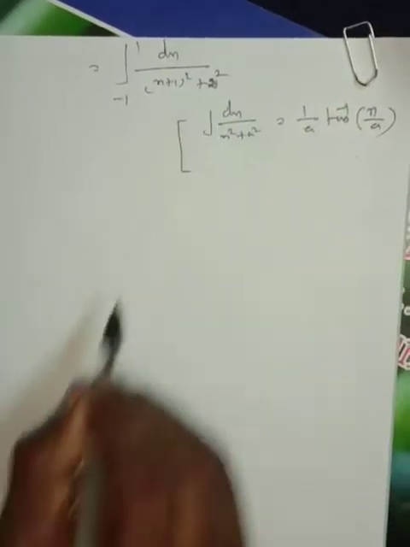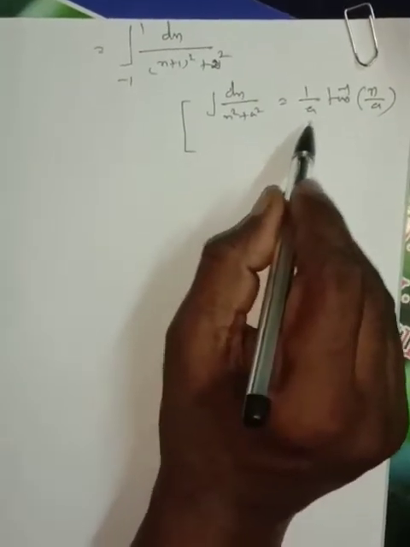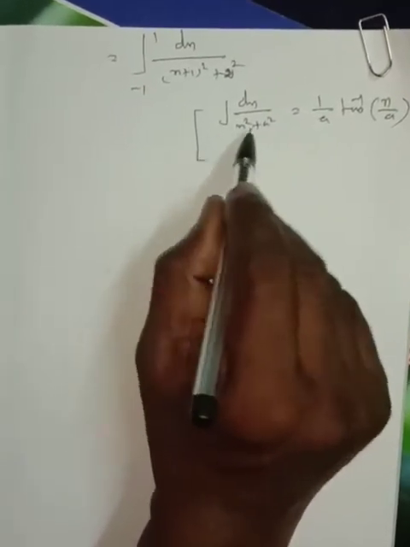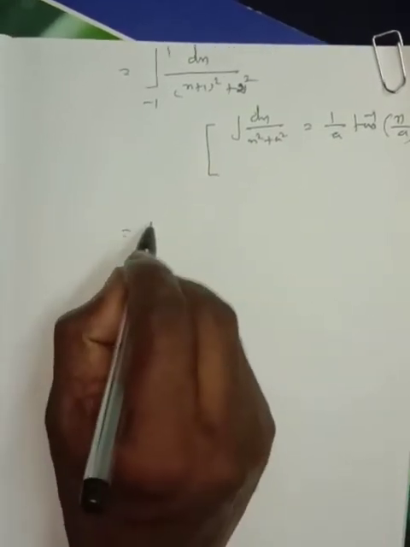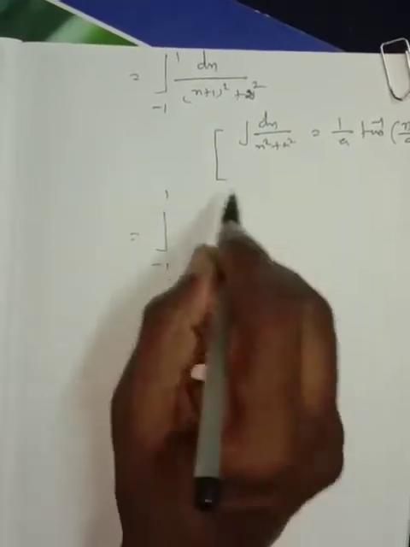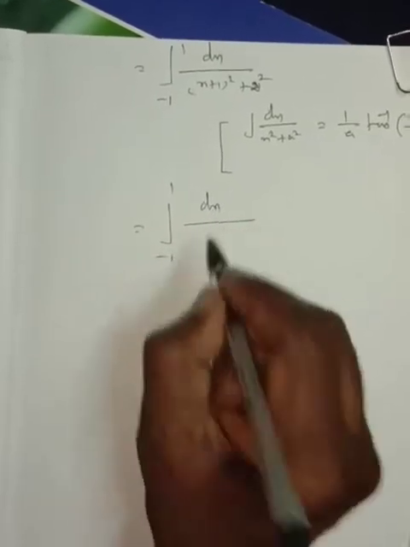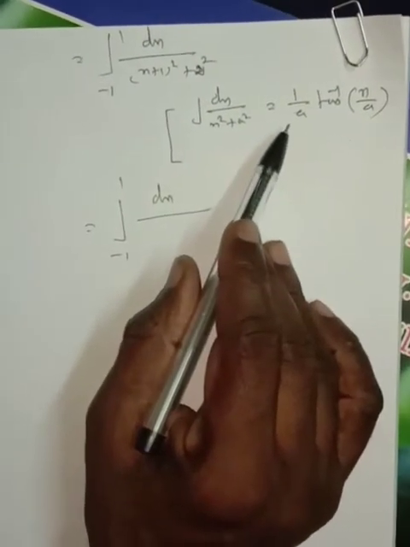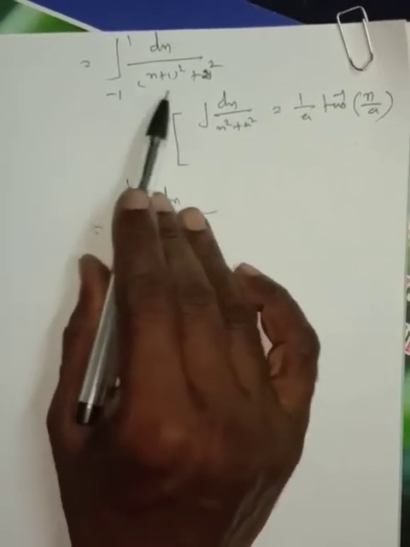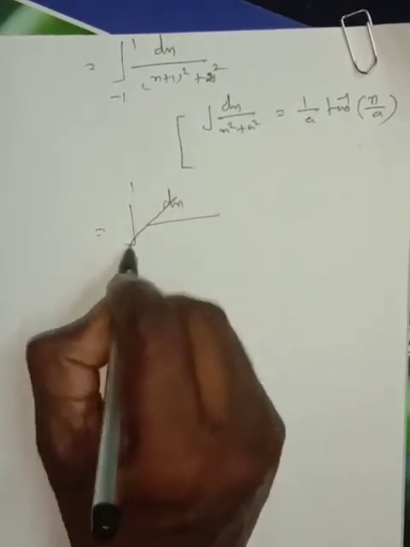In this case a is 2, and x is x plus 1. So the integral from minus 1 to 1 of dx divided by x plus 1 whole square plus 2 square.